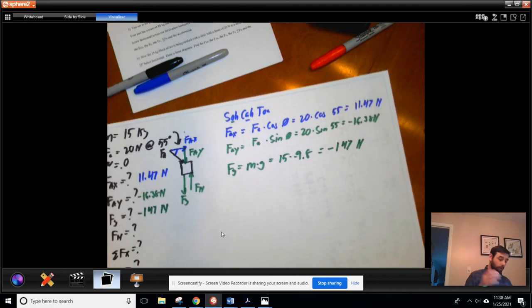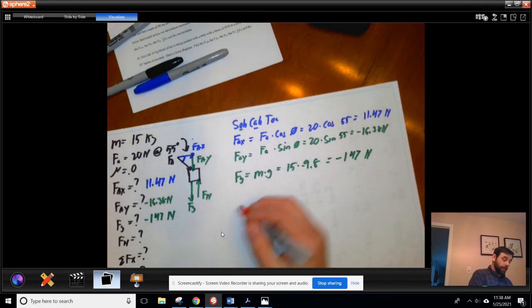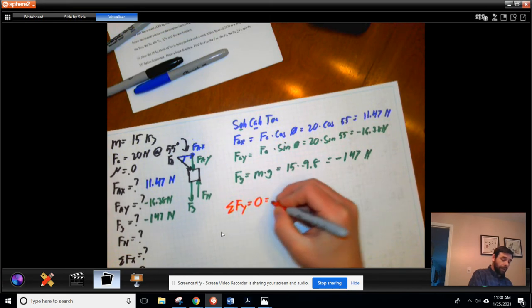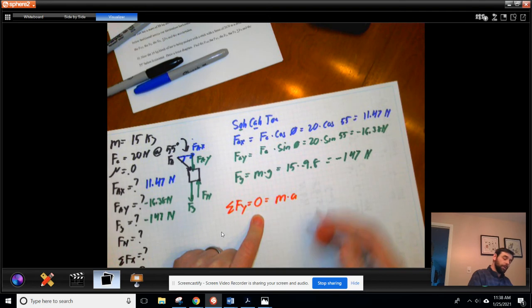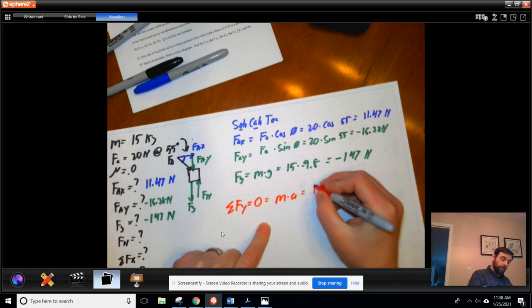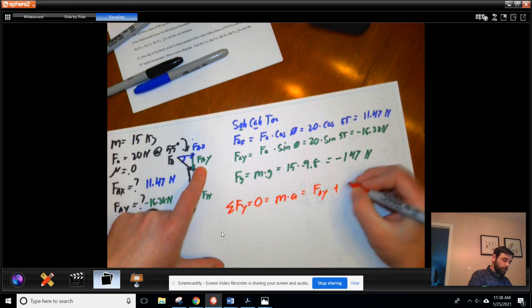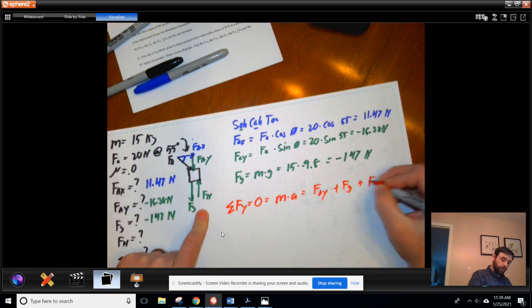All right, now our normal force again. Keep in mind, our normal force is going to be figured out by looking at the net forces in the y direction. They have to equal 0. And so, because the mass times the acceleration has to equal 0, that is going to be your force applied in the y direction plus your force of gravity plus your force normal.